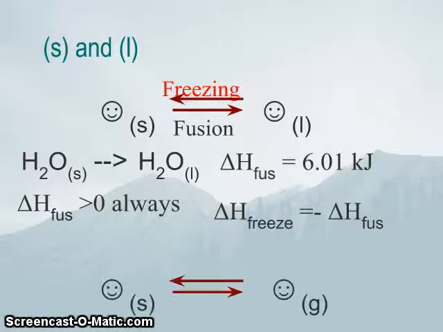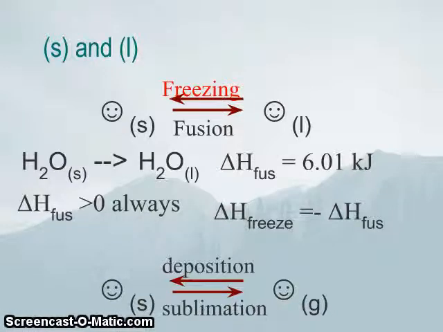And then our last set of phase changes, just for semantics, are going from the solid phase to the gas phase. We can go directly from solid to gas or gas to solid. Going from solid to gas is sublimation, and going from gas to solid is deposition.